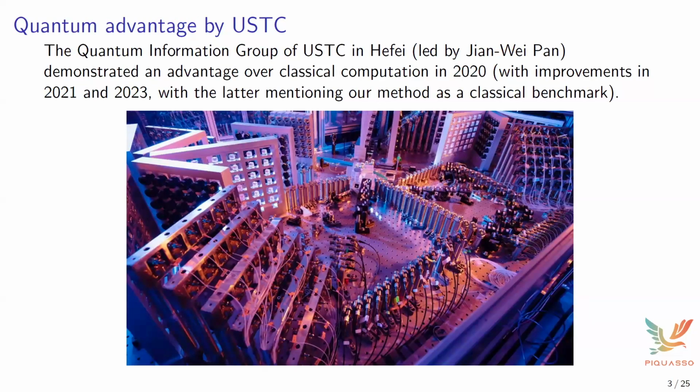With this machine, the quantum information group at USTC demonstrated a quantum advantage over classical computation in 2020. They repeated or improved these experiments in 2021 and 2023, and the latter article mentioned our classical benchmark for a classical comparison.